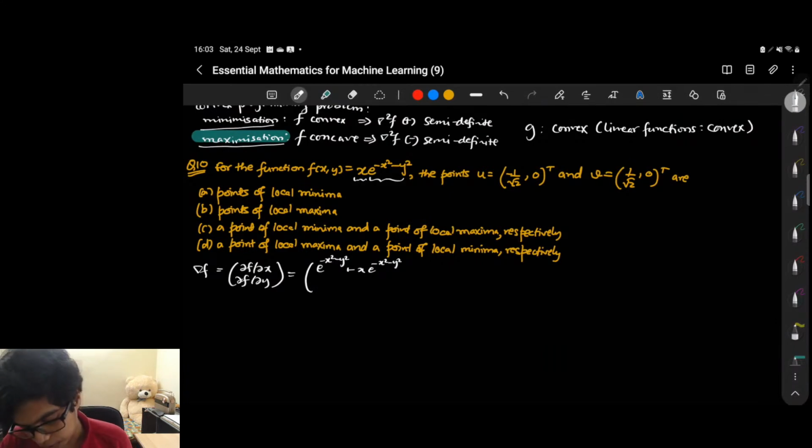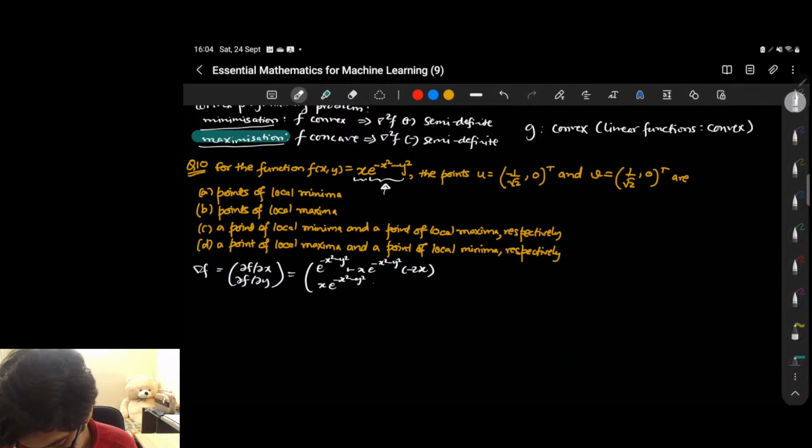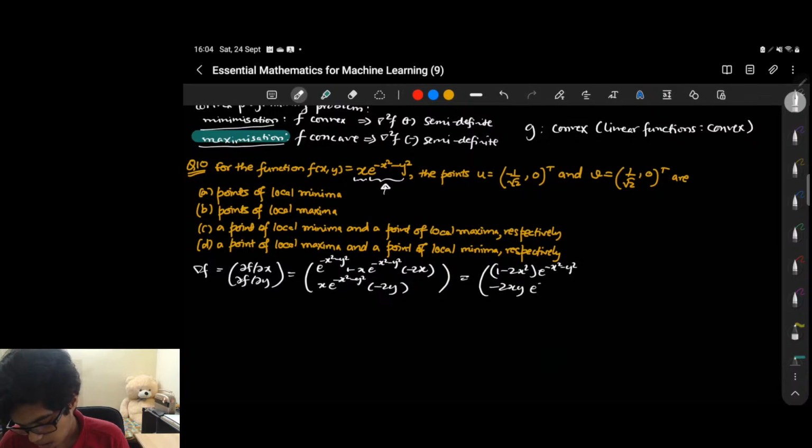And you need to apply the product rule, sorry, not chain rule, the product rule and then the chain rule as well on this function to find out the derivative. So this is the gradient of this function. Let me simplify. So this is gradient of f.